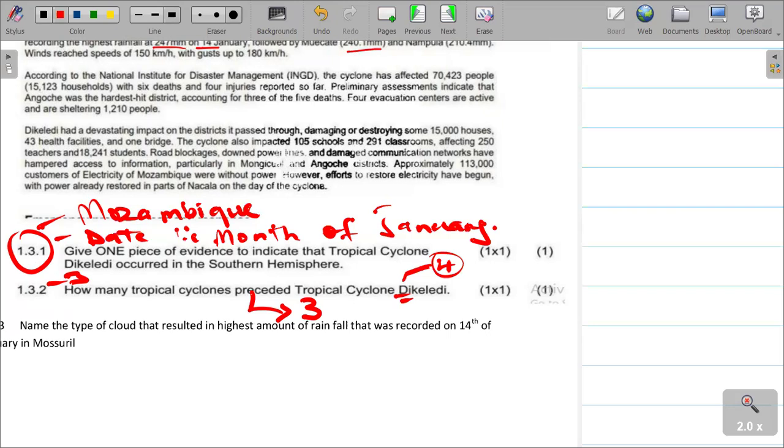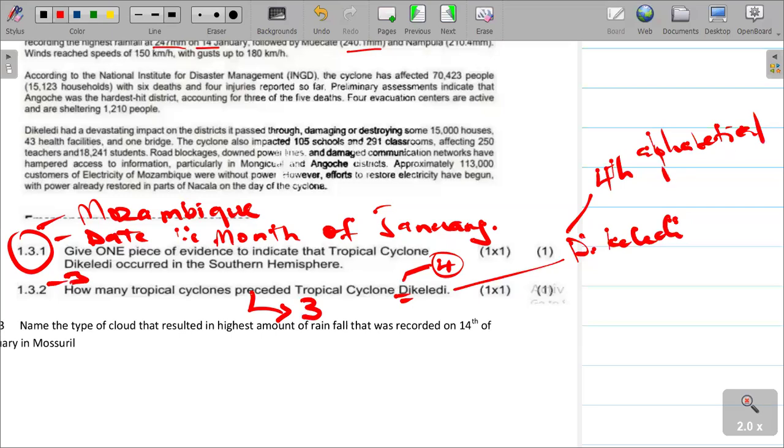How do we know that? The name of the cyclone is Dikeledi, meaning that it starts with the 4th alphabetical letter.